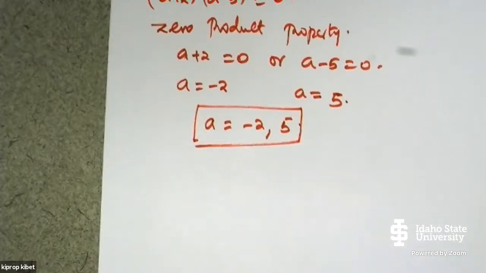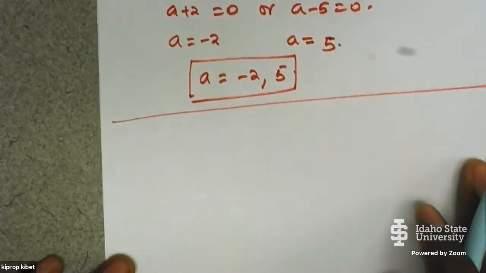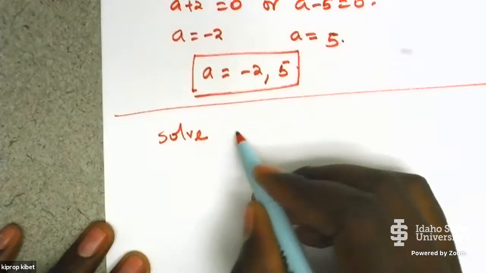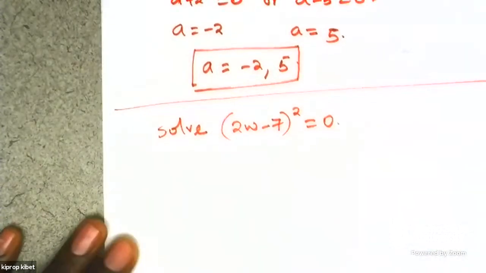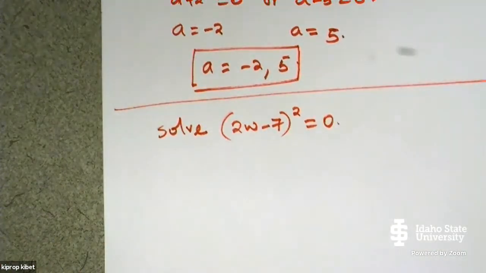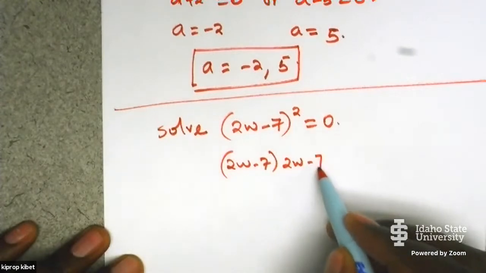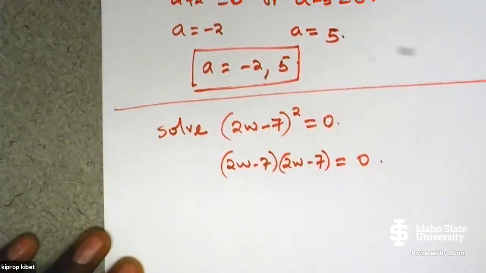Any question? Now, another example. If you're told to solve (2w - 7)² = 0, what do you mean? This means (2w - 7) multiplied by (2w - 7) equals 0, right?